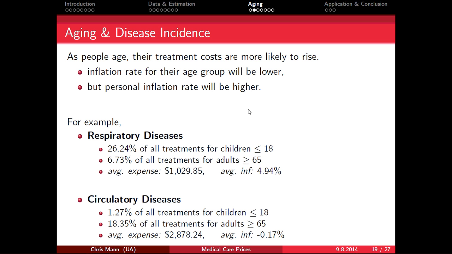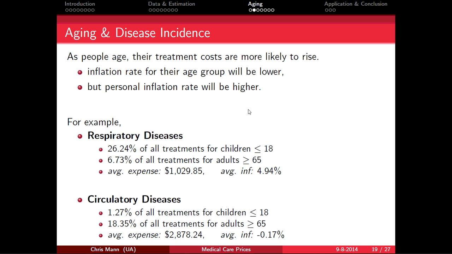For a 10-year-old, that might not be too different. But when you're talking about someone that's 40 going to 41, or 50 going to 51, or even 30 going to 31, then that can make a pretty significant impact on the inflation rate from that individual's perspective.